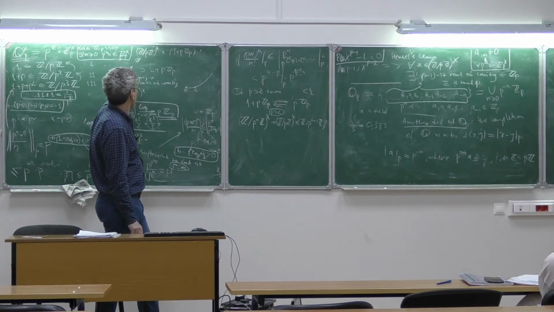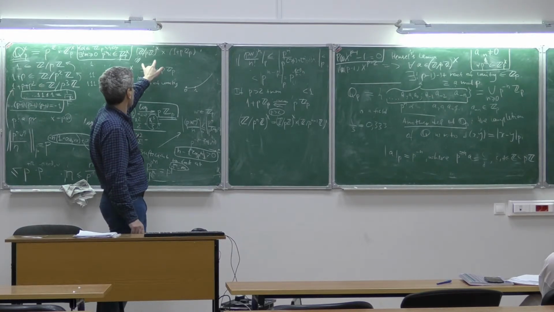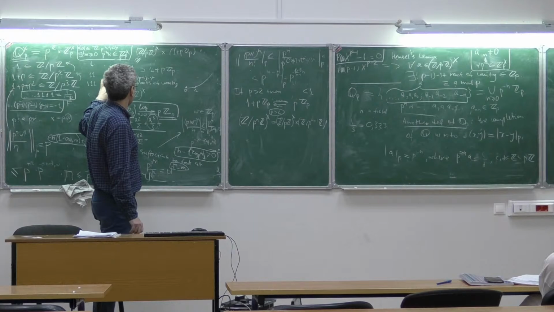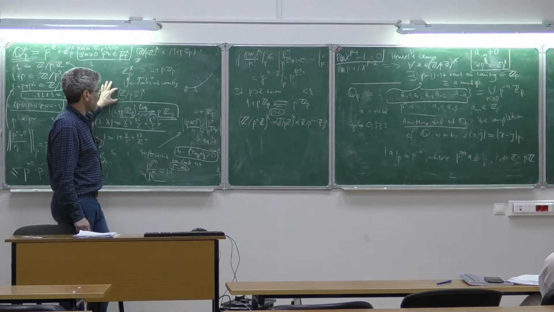First of all, we say that there are (p minus 1)th roots of unity here.